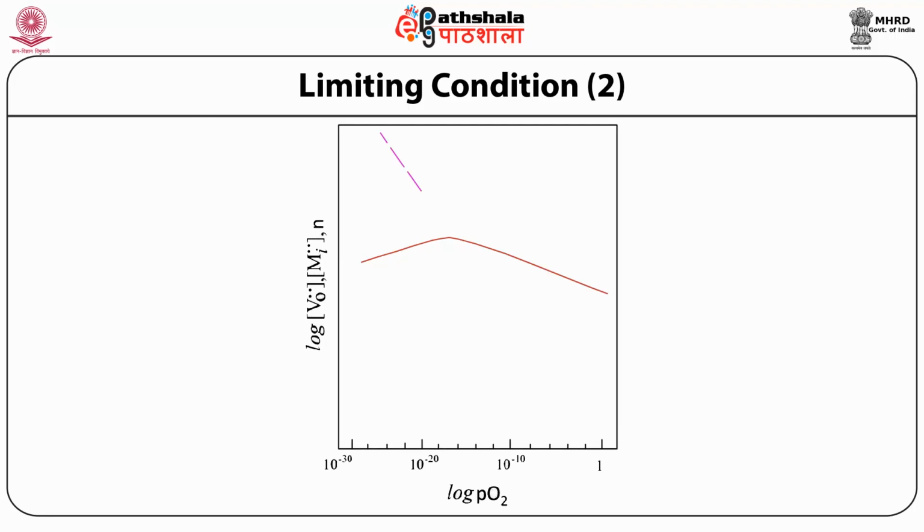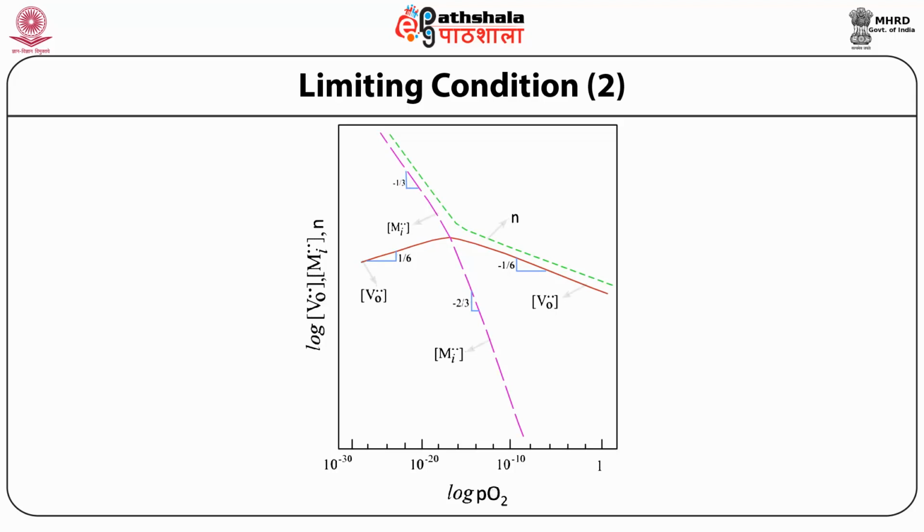According to the electrical neutrality condition, NH is equal to twice the concentration of Vm double prime, and hence half of Ne is equal to the concentration of Vm double prime, which comes out to be (K/4) to the power 1/3 times PO2 to the power 1/6.